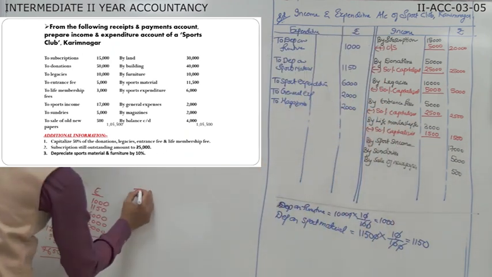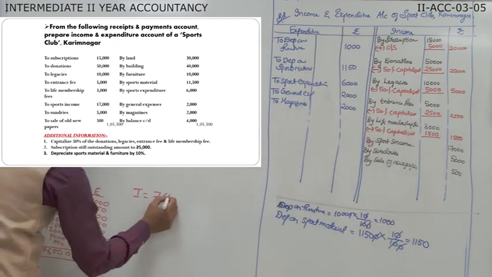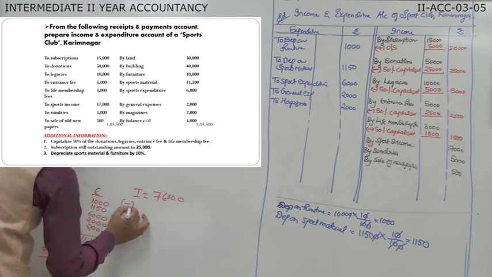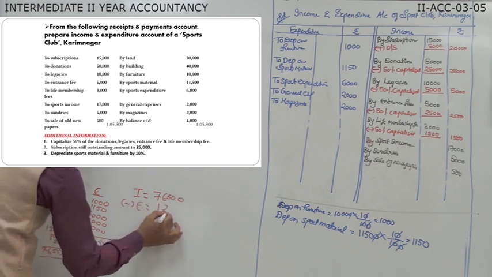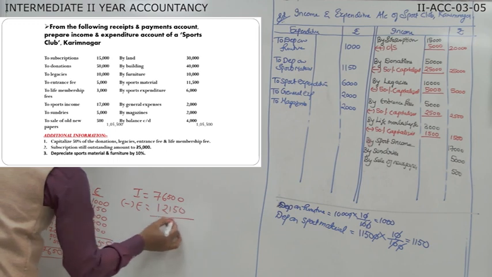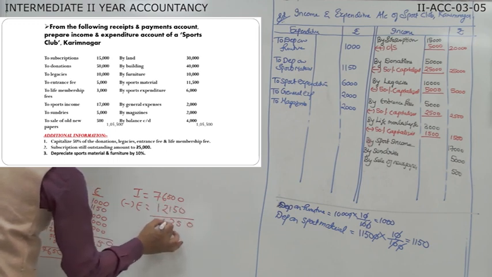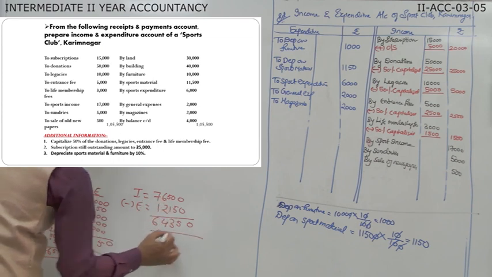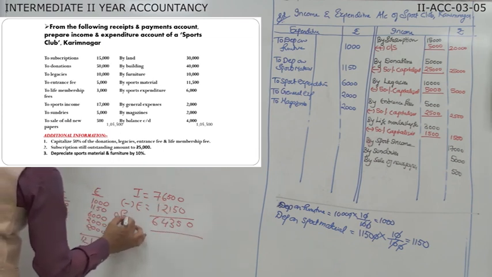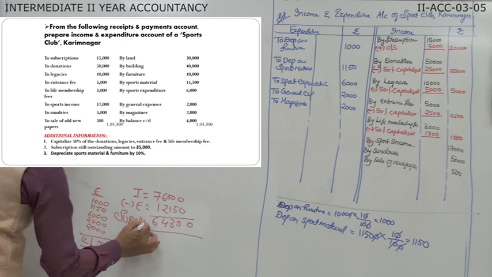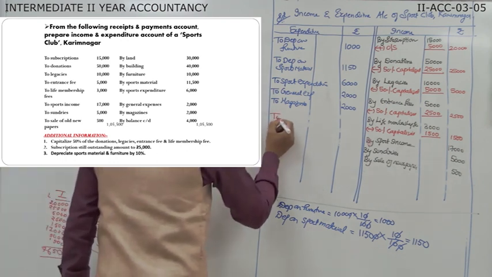Income 76,500 minus expenditure 12,150. 0, 5, 3, 6 minus 2, 4, 7 minus 1, 6. 64,350 is again surplus.